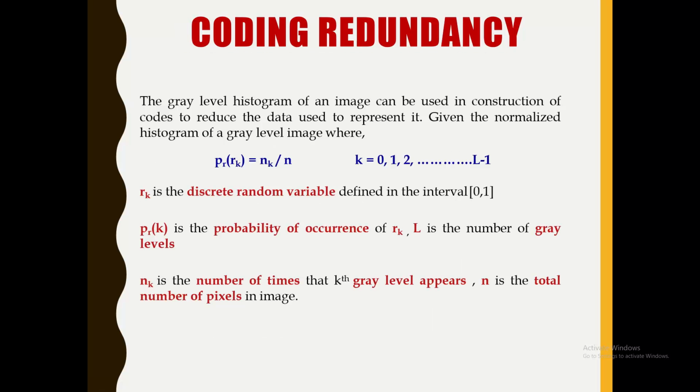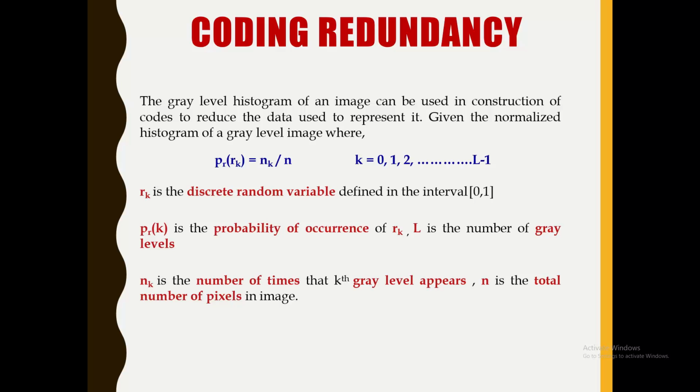Now, to understand this, the gray level histogram of an image can be used in the construction of codes to reduce the data used to represent it. Given the normalized histogram of a gray level image, p(rk) = nk/n. The number of bits required to represent a gray level depends upon its probability of occurrence.